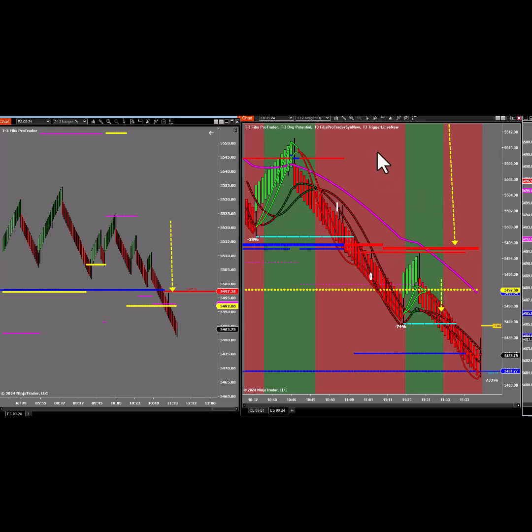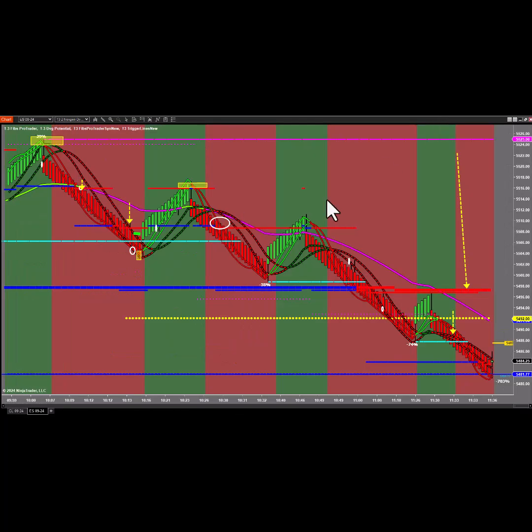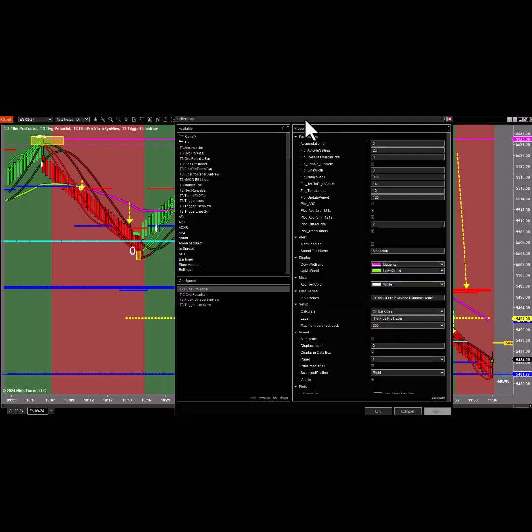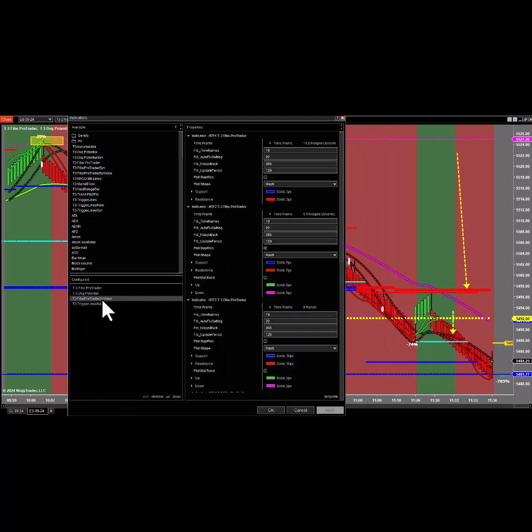So when we run on our smaller chart, again, technical explanation. When we run the synthetic fibs pro trader, we're only plotting the most current, meaning one above, one below support and resistance. We're not plotting all of them.